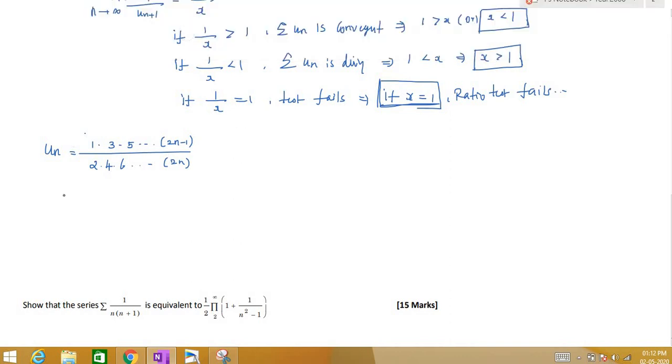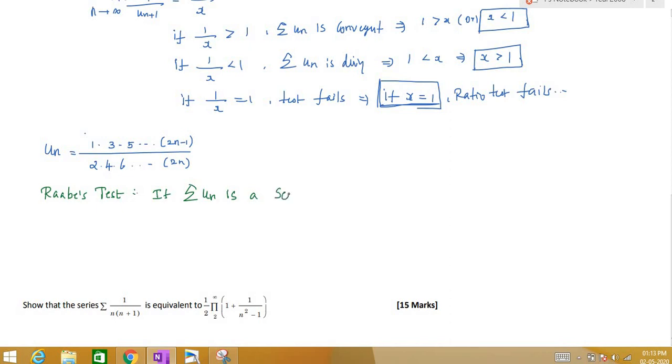So I will state Raabe's test. If un is a series of positive terms, these three tests will solve 95% of problems: the ratio test, Gauss test and Raabe's test.